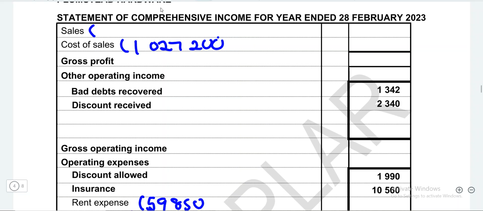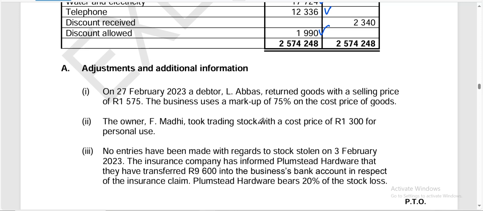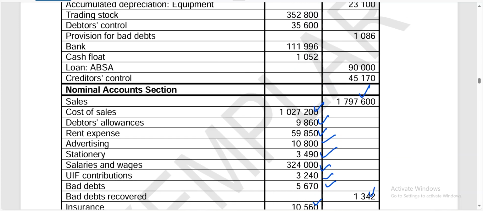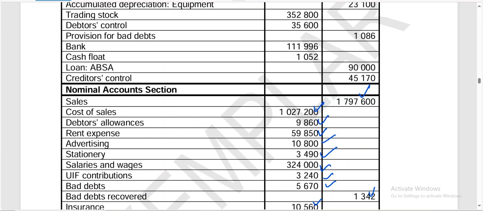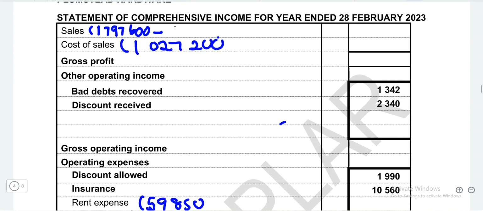So remember it was 1,797,600, and then we say minus our debtors allowance, which is 9,860. So this is the basics that you guys should know before you deal with the adjustment.